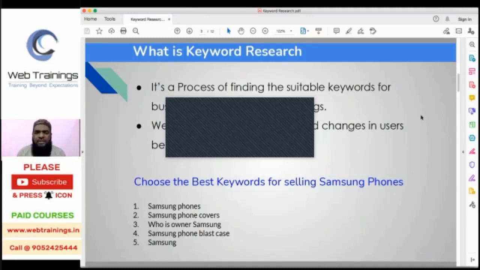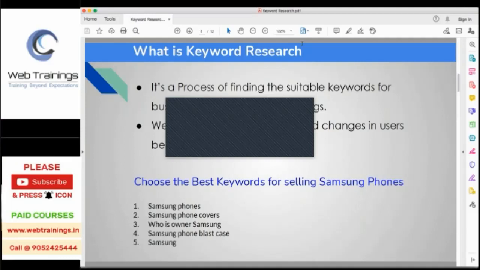For example, do you expect to have a diamond jewelry showroom in a normal area, not in a posh area? You won't, right? Because a diamond jewelry showroom should be in a posh area where people are ready to invest in diamond jewelry.